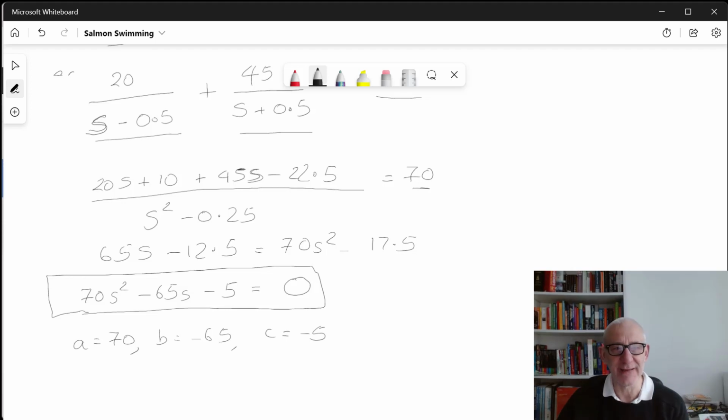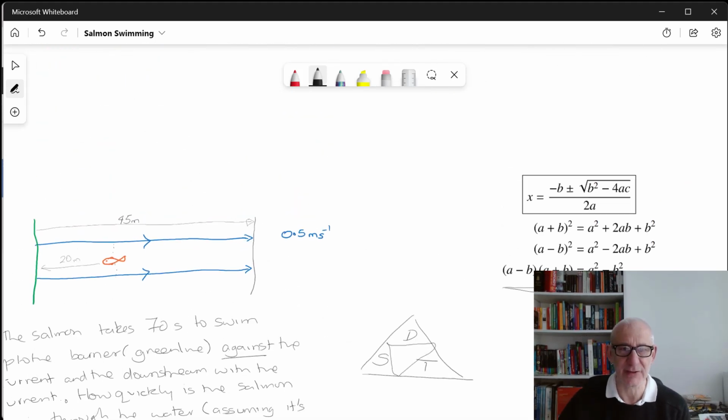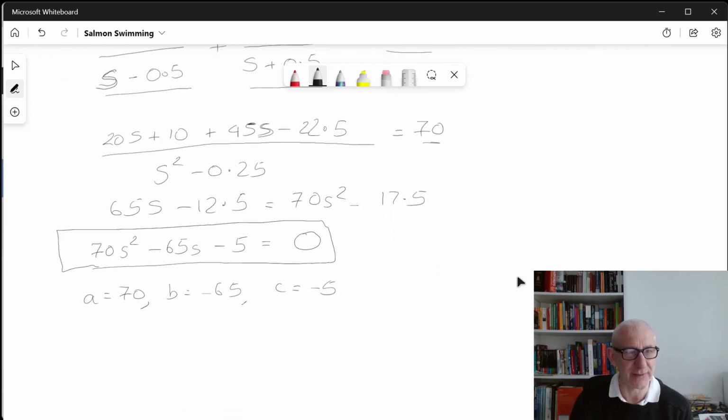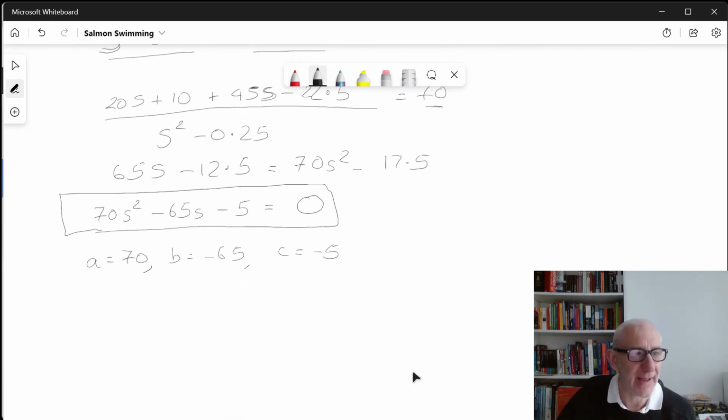And when you put that into a calculator and you use the expression up here, you will get two numbers out, because quadratic equations always generate two numbers. And you will find that the possible values for speed are s equals negative 0.071 meters per second, or s is equal to 1 meter per second.